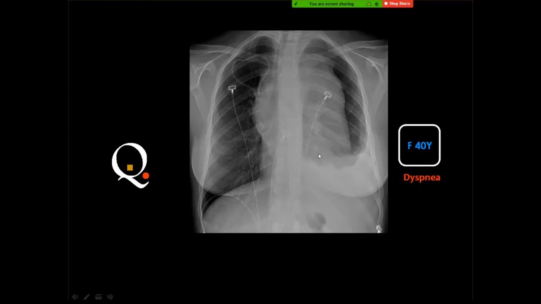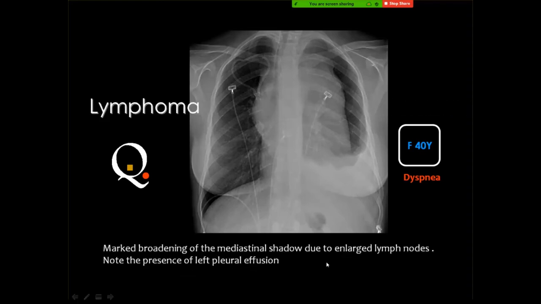If this is an aortic aneurysm, it will be located on the left side and centered to the region of the aorta. Broadening of the superior mediastinal shadow in the pediatric age group and in adults is almost always suggestive of lymphoma until proved otherwise.